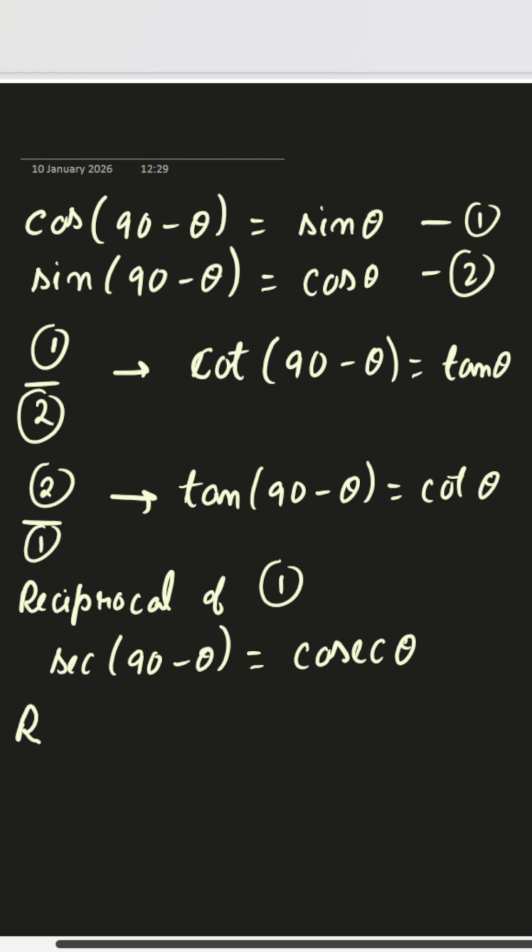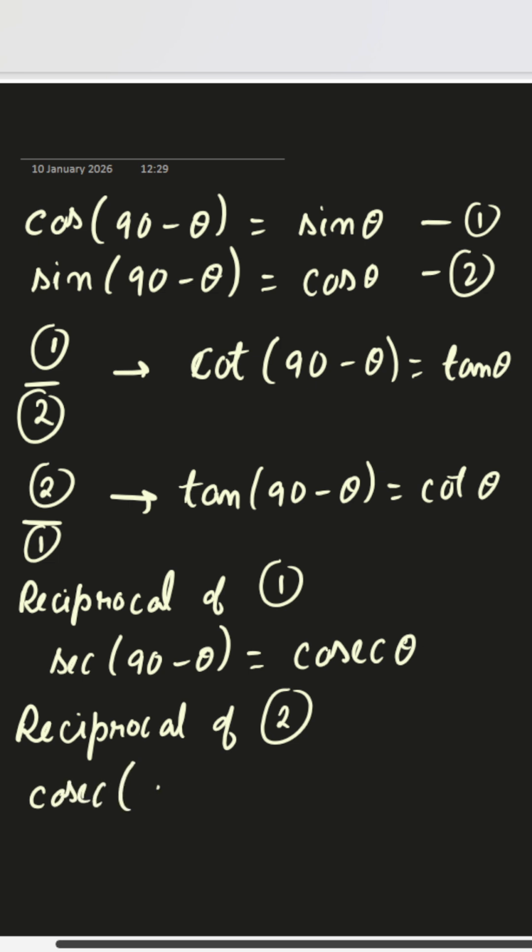Similarly, the reciprocal of 2 will give me cosec of 90 minus theta is equal to sec theta. So here we have to remember only the first two things, and if I remember those two, we will be able to derive the other relations as well, like we have done here.